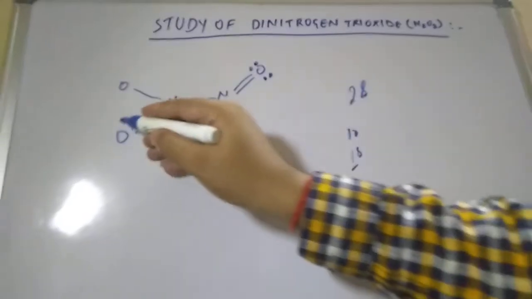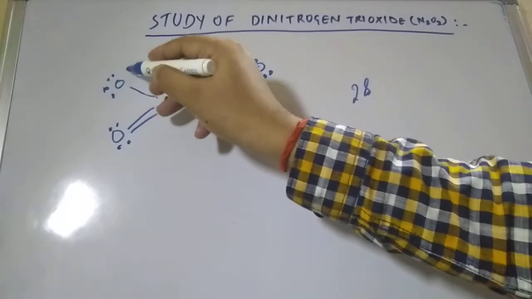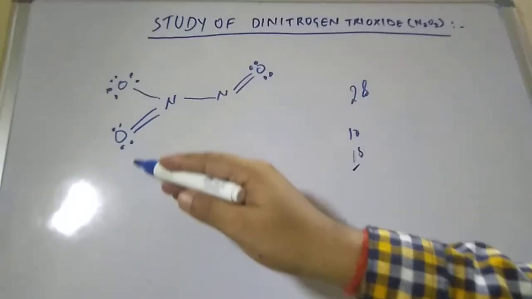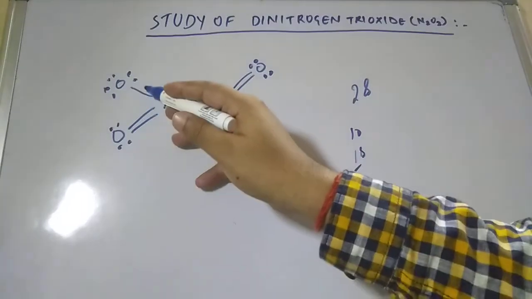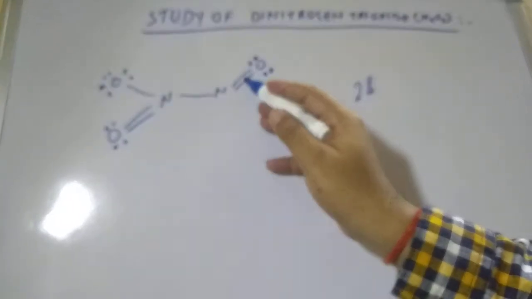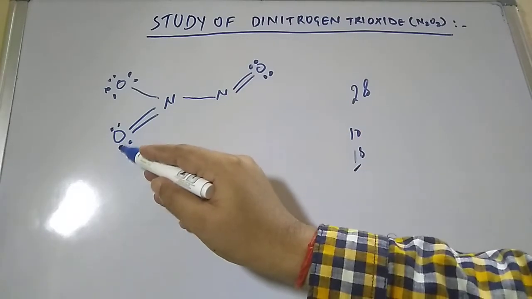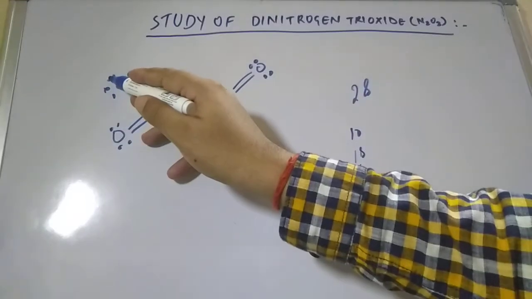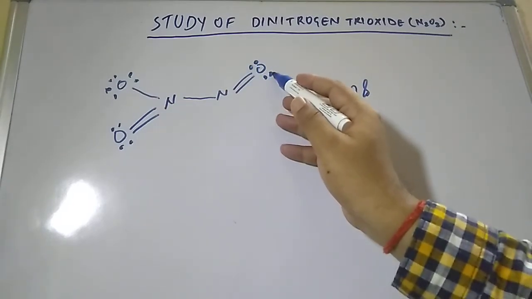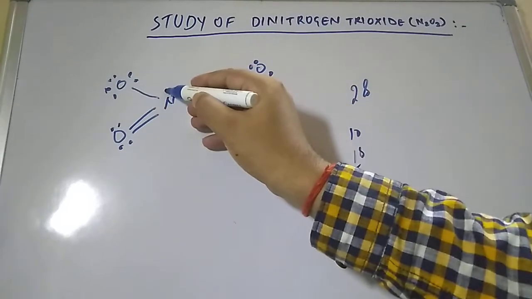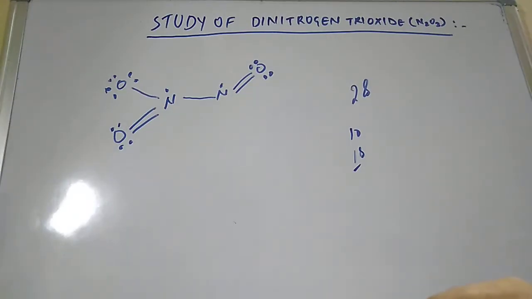Here 6 single bonds account for 12 electrons, so 12 is the bond pair electrons. Then we place the remaining electrons as lone pairs, up to 26, then 27 and 28, one electron on each atom.